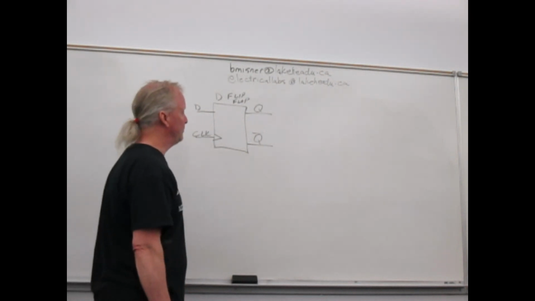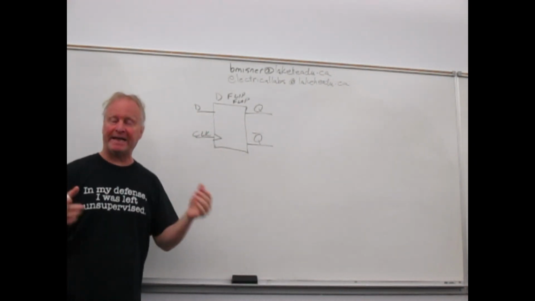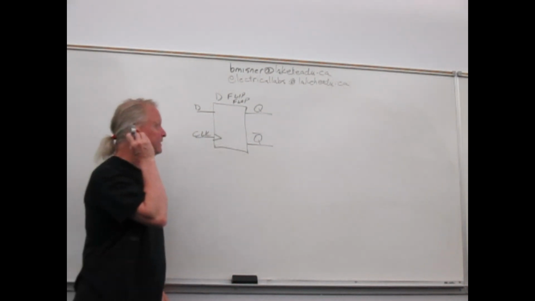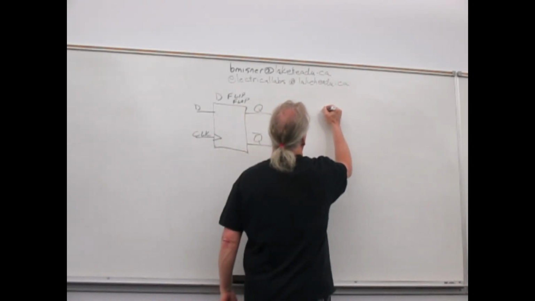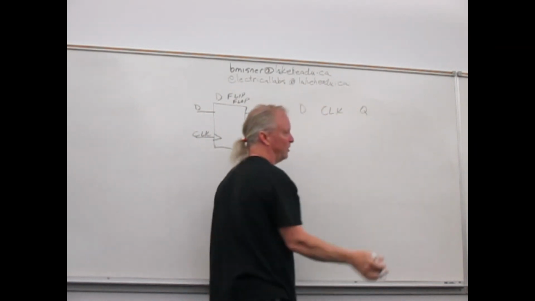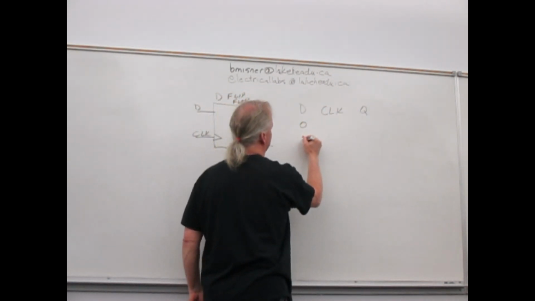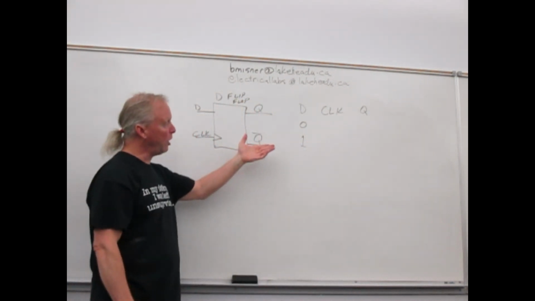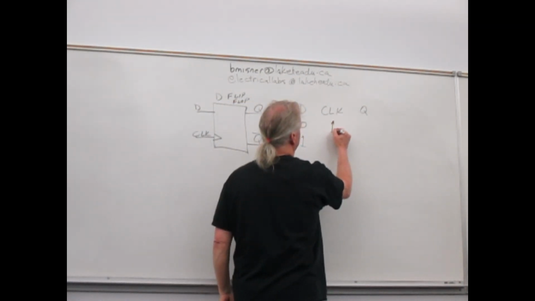Okay, so what we end up having in your data sheets, your truth table kind of looks a little different, right? So it's going to look like this. You're going to have D and your clock and your Q. I'm not going to bother with the Q bar. So D is going to either be 0 or 1. Okay? And then in your clock, you might have something that looks like this.